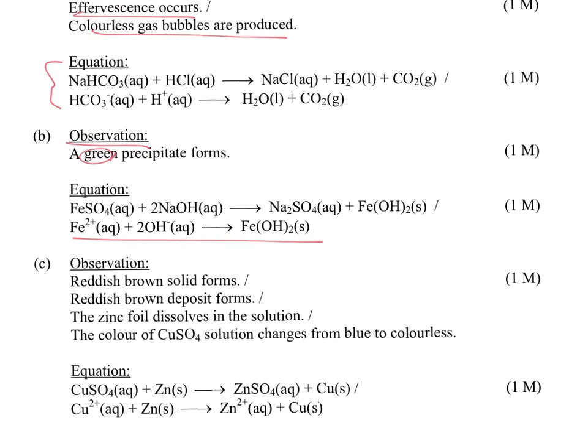We have this one or another equation below. Of course, you can have a lot of observations. You just choose one, maybe zinc dissolves, or forms a reddish brown solid, or reddish brown deposit. Deposit means a layer of solid stuck on the zinc. Or you find the solution changes color from blue to colorless, etc. Only one.